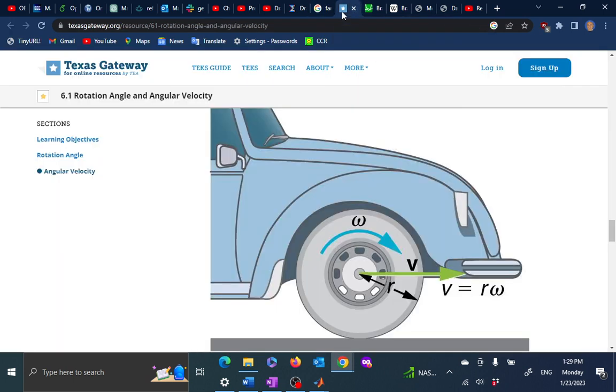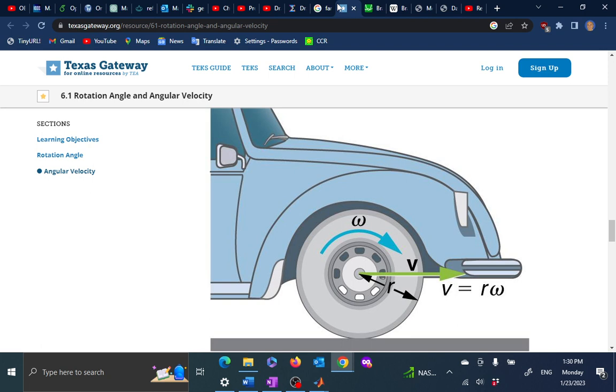Okay, next up you're going to see this picture in a variety of textbooks. It is a car that is traveling. It's going at some speed v. The tires have a certain radius r, and the tire is turning at a certain rate omega. So omega is the angular speed, and v is equal to r omega.